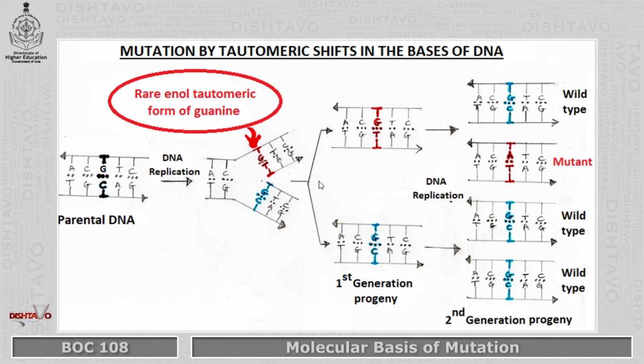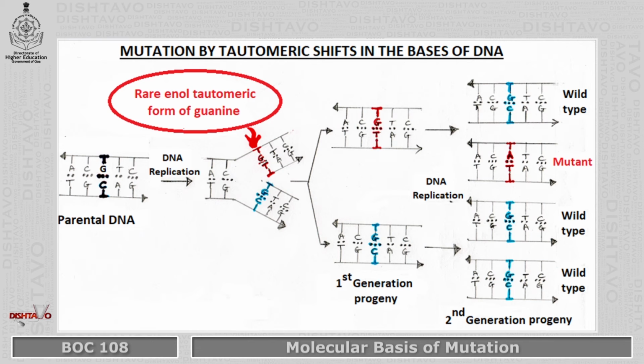If in an old strand of DNA, guanine is in its rare enol tautomeric condition, it will pair with normal thymine instead of cytosine in the new complementary strand during DNA replication. This may result in a new DNA molecule containing an exceptional base pair, that is guanine base paired with thymine.